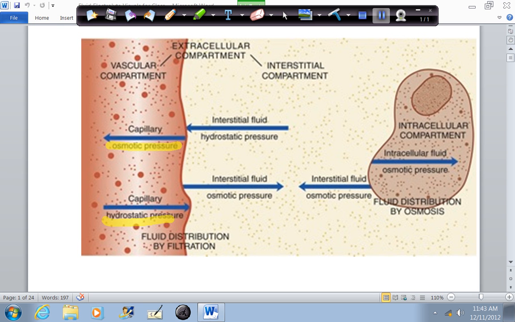And the easiest way to think about it is hydrostatic pressure is the push, osmotic pressure is the pull. And each of these compartments has its own push and pull. The capillaries, or the blood vessels, have their own. The interstitial fluid has its own push and its own pull. And the intracellular fluid has its own push and its own pull. And this push and pull, as we go back and forth, is one of the major components of determining fluid balance between the various compartments of the body.